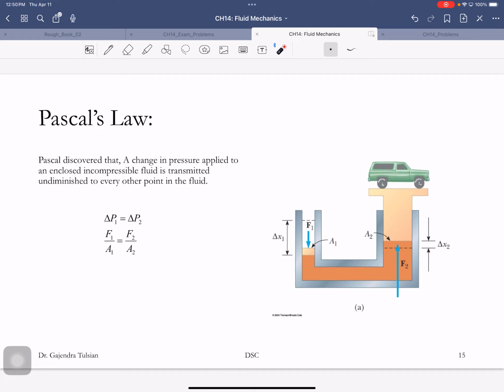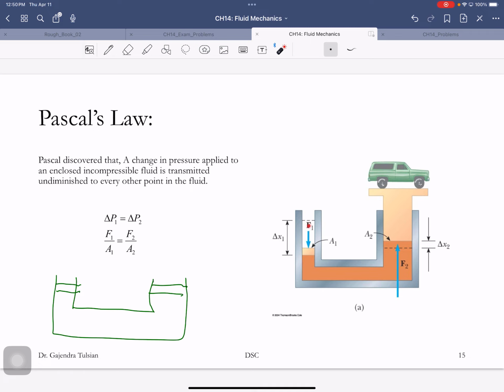And then the next thing we studied was Pascal's law. So if you have an enclosed fluid and you increase the pressure, here's an enclosed fluid, these are pistons. Right now the pressure here is 1 atmosphere, the pressure here is 1 atmosphere. Now you can increase the pressure at this point by applying a force.